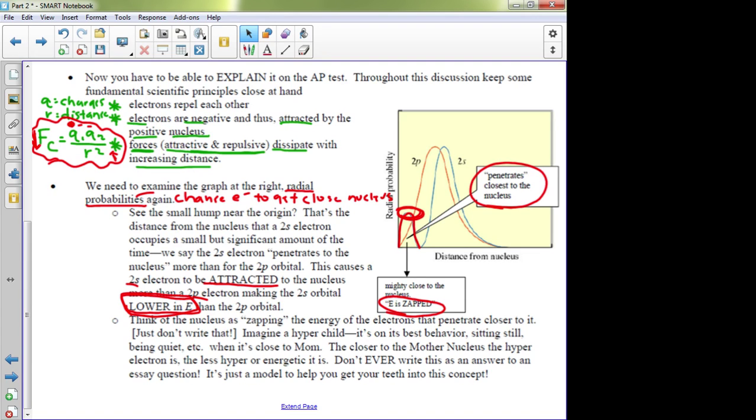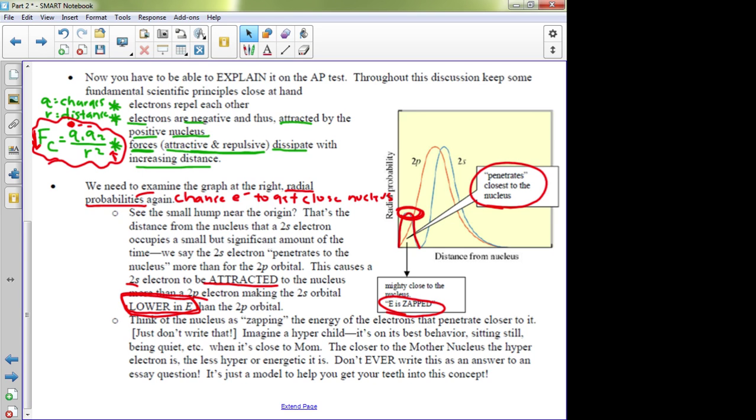Think about a hyperactive child. You know those kids that just have an endless amount of energy? They'll about drive you insane. The best chance for making that hyperactive child be still and be quiet is to put them as close to their mother as you possibly can. The further away they get from mama, the crazier they act.